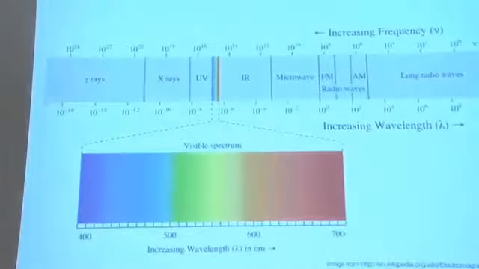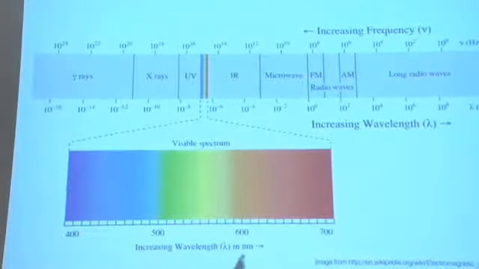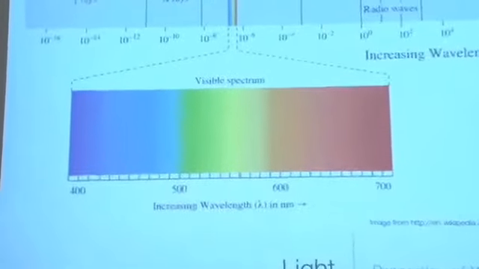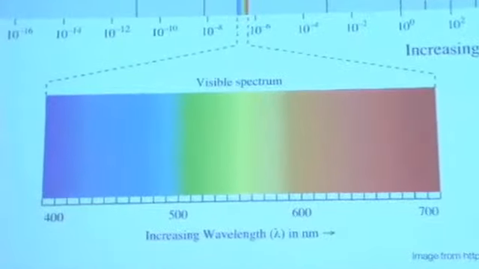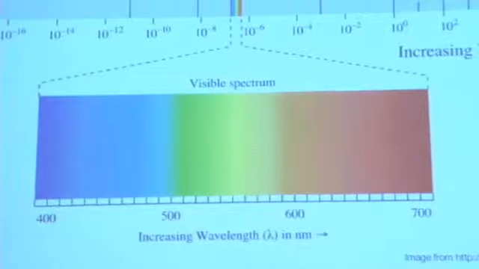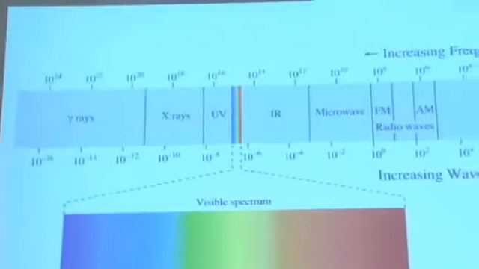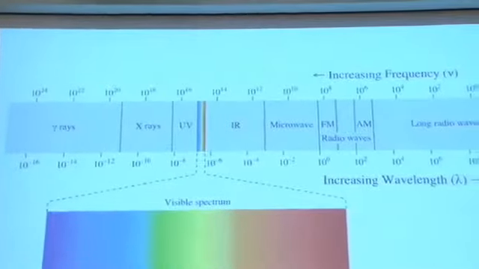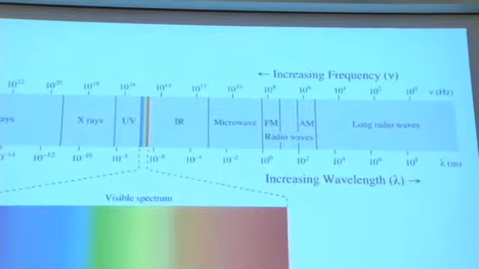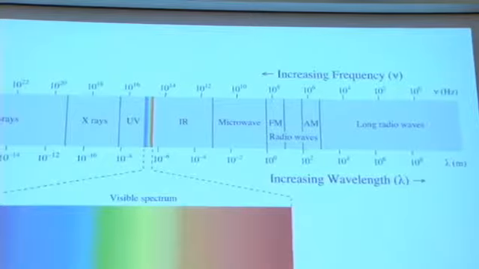We can only view a very narrow portion of the frequencies that are possible by electromagnetic radiation propagating throughout the universe.